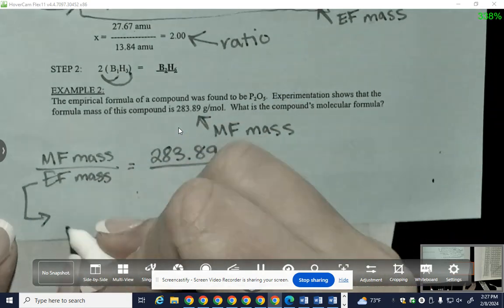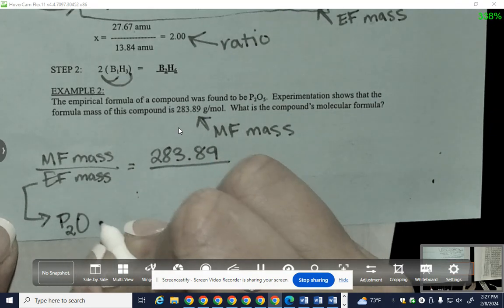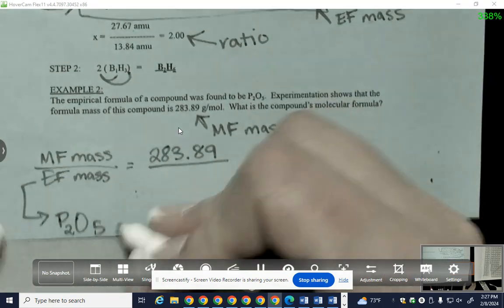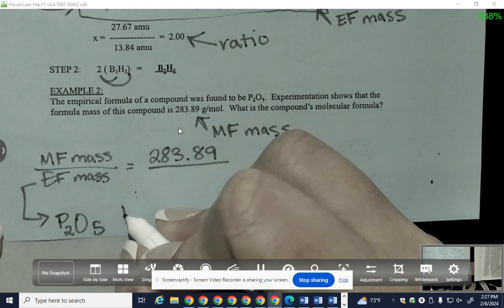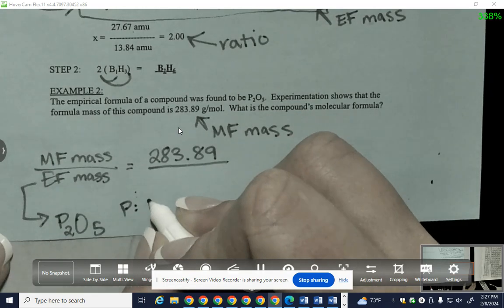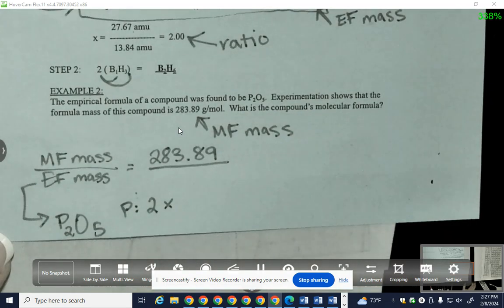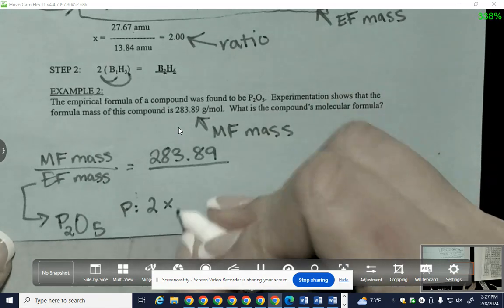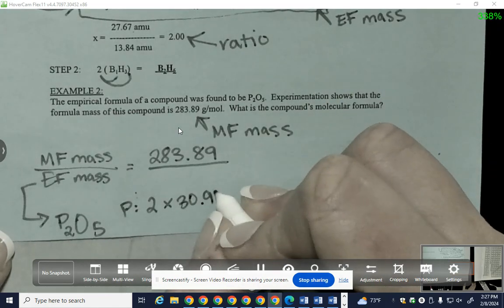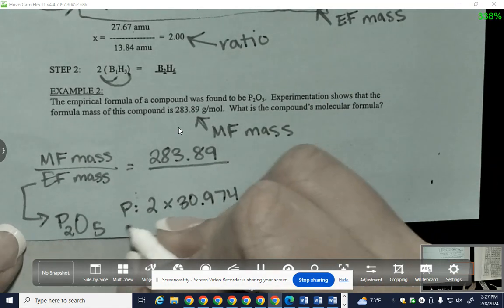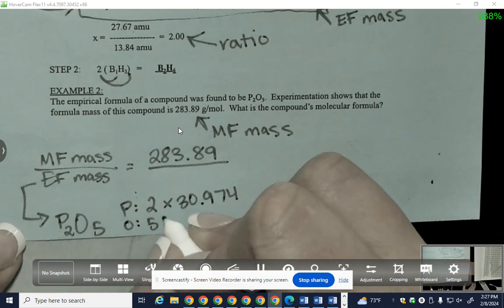If it's P2O5, then we have phosphorus, there's 2 of them, so we multiply 2 by its molar mass. And for oxygen, we have 5 of them.